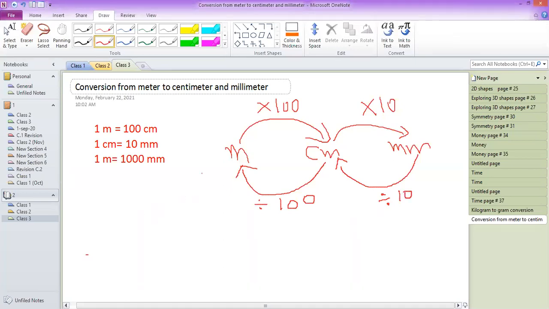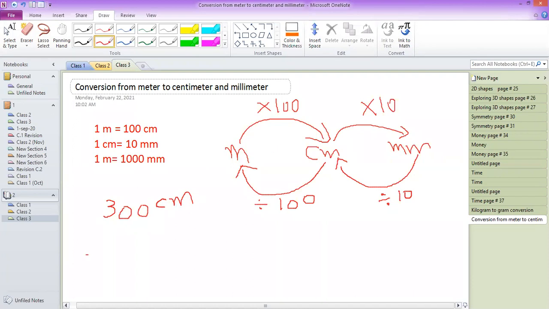Let's suppose I give you the value 300 centimeter, and I ask you, tell me how many meter is that?